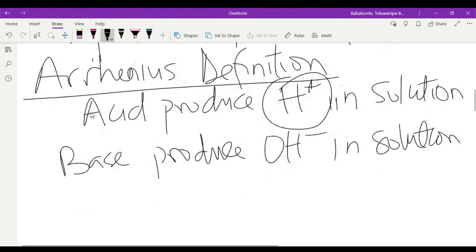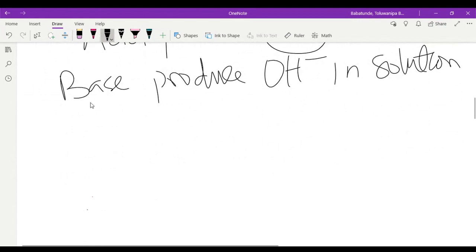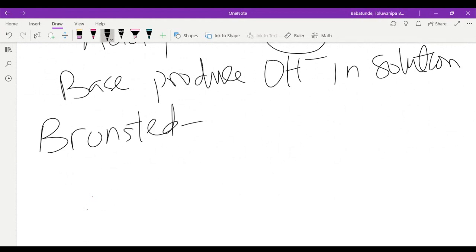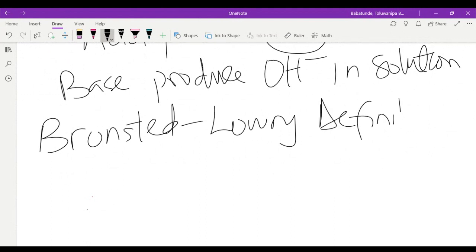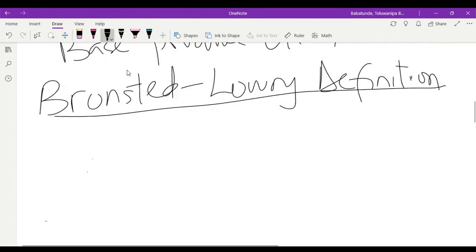The next thing we want to look at is the Bronsted-Lowry definition. The Bronsted-Lowry definition of an acid is a proton donor.